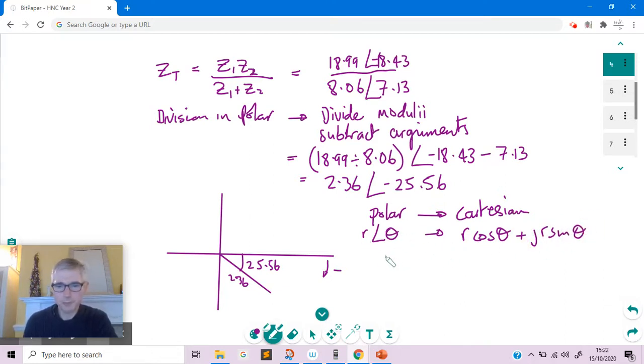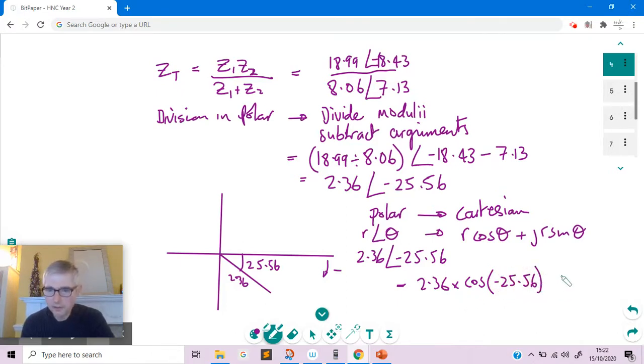So in our case then, we've got the 2.36 with an angle of minus 25.56. So we're just going to apply that. So in Cartesian then, it's going to equal 2.36, just replacing the r there by 2.36 times cos of minus 25.56.